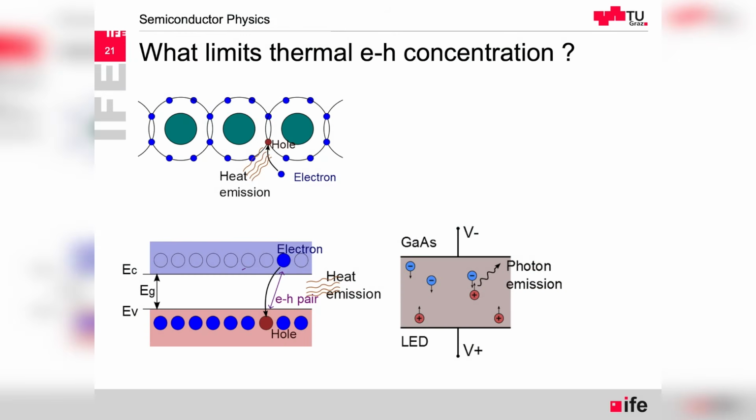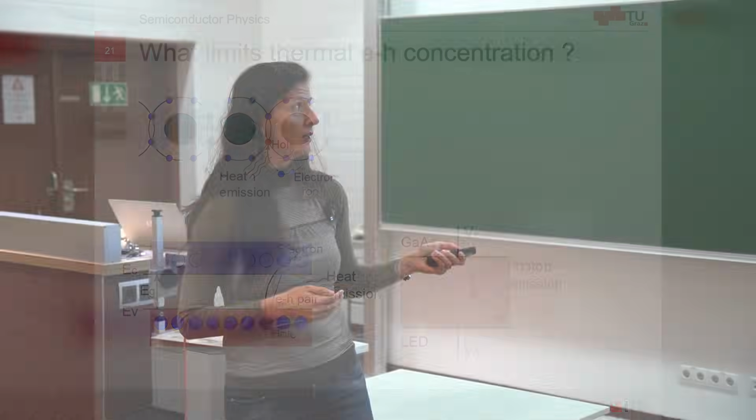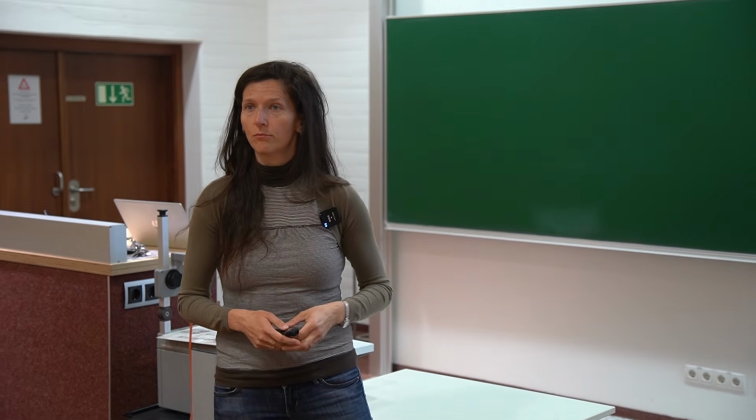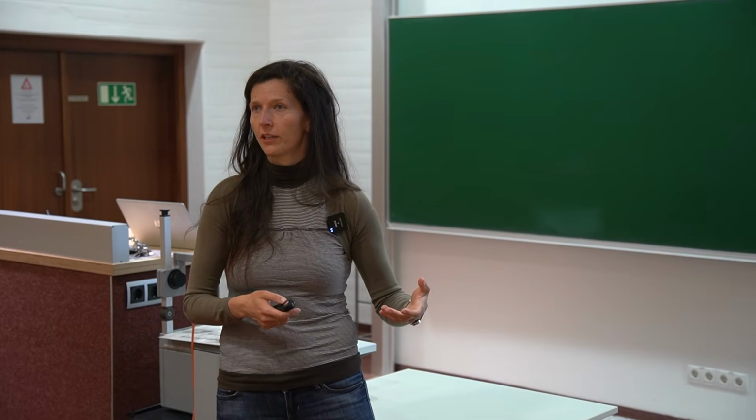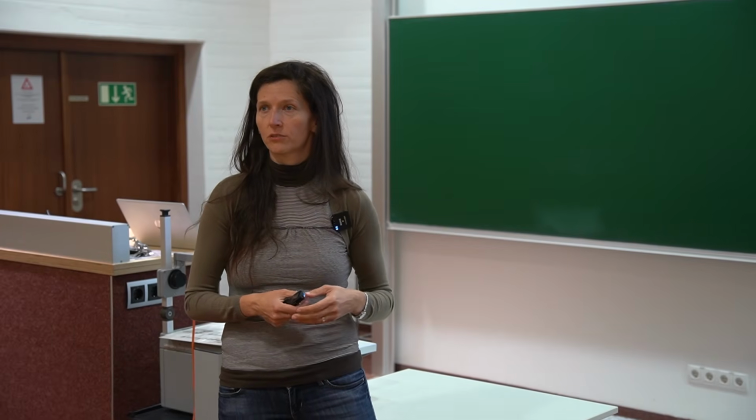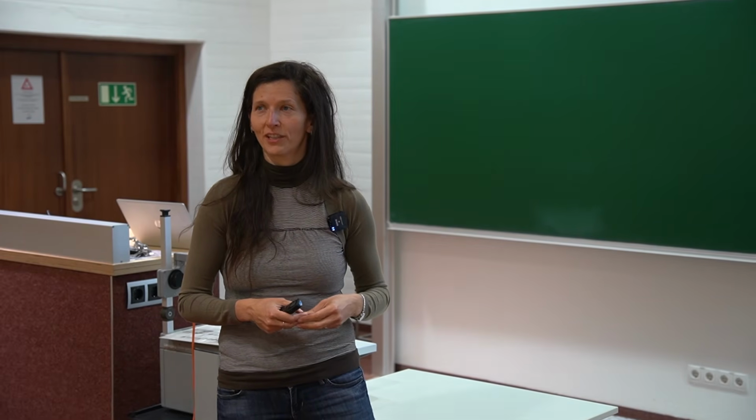For the thermal generation, I think that it's good here to add, I wanted to show the fact that the electron can be moving from valence to conduction band not only by thermal emission, but also if we emit photons. So if we illuminate the semiconductor with photons, we can observe the change in the conductivity.